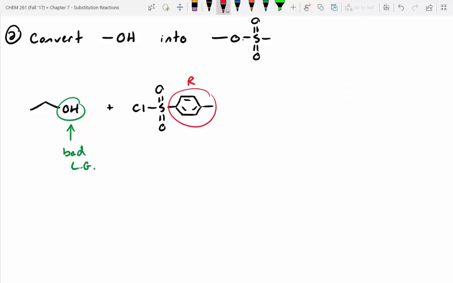In fact, I'm just going to color code this as R. And this was referred to as tosyl chloride. Chemists oftentimes like to abbreviate this because it's a mouthful, and so you can write this as TsCl, shorthand for tosyl chloride. And in the next step, what they do is they react it in a special solvent.